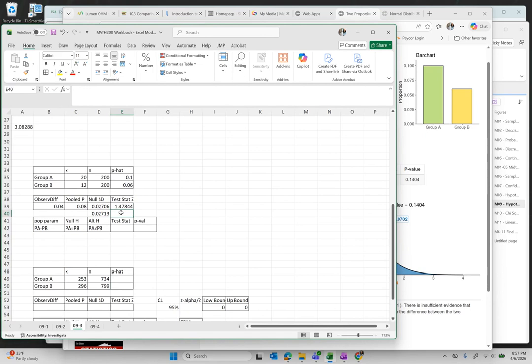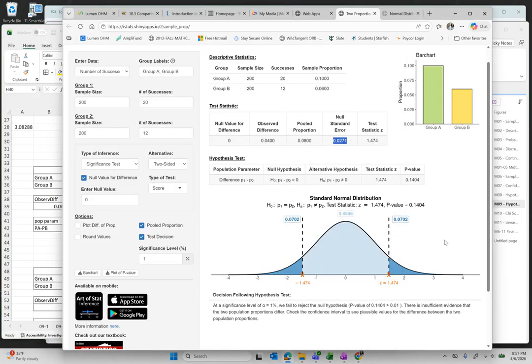And here, this test statistic, we will do the same thing. We will say the observed difference minus the null difference, which is assumed to be 0, divided by this null standard deviation. So let's see if now we can determine which one of the two is the one that is used in ArtofStat. So ArtofStat said that the test statistic is 1.474.